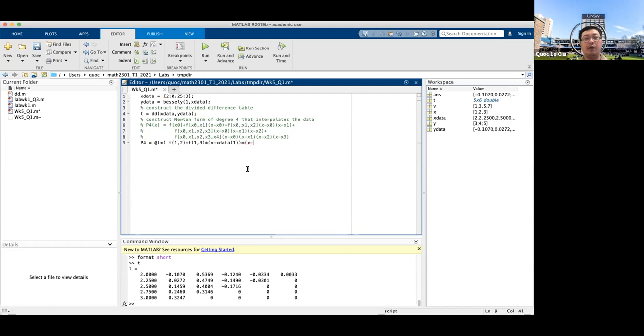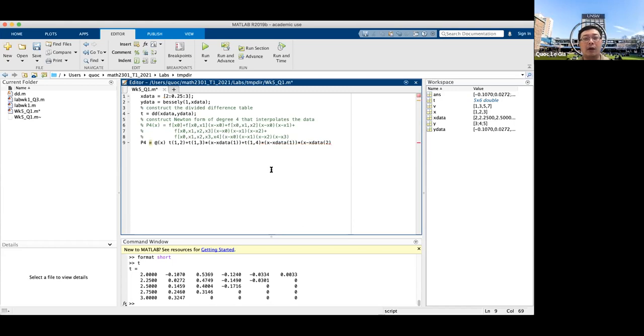This one is just a linear term. Then I move on to the next term: T1 comma 4, and then I multiply by x minus x data 1, x minus x data 2.